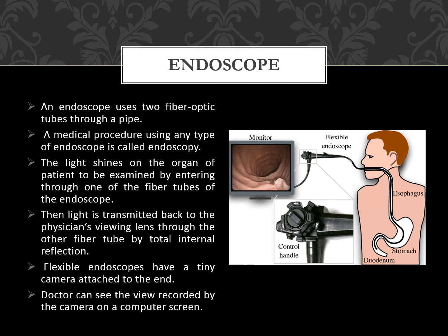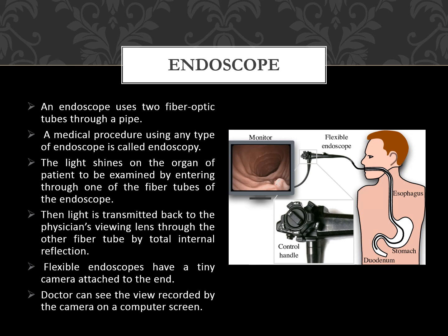The light shines on the organ of the patient to be examined by entering through one of the fiber tubes of the endoscope. Then light is transmitted back to the physician's viewing lens through the other fiber tube by total internal reflection.